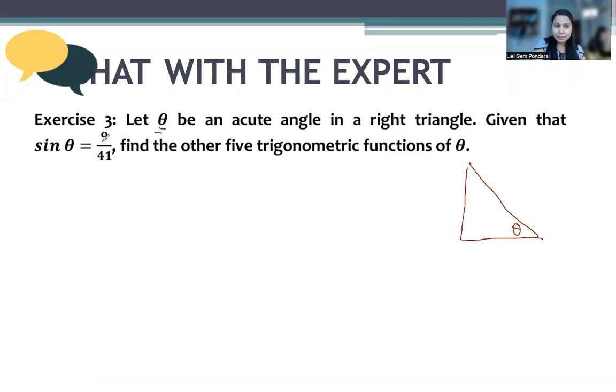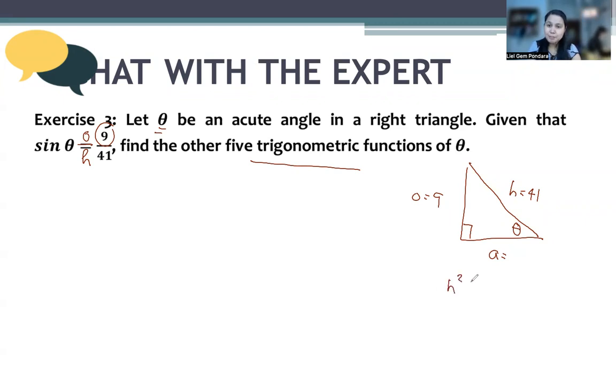Remember how we find sine? The opposite of theta measures 9, while the hypotenuse measures 41. What's missing is the adjacent. We need to find the other 5 trigonometric functions.